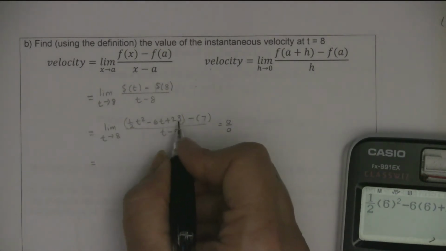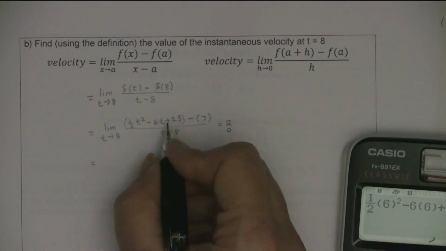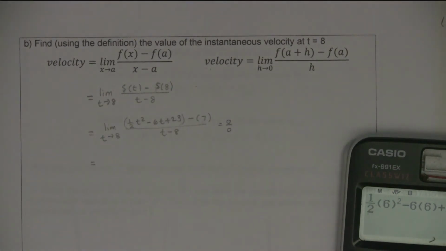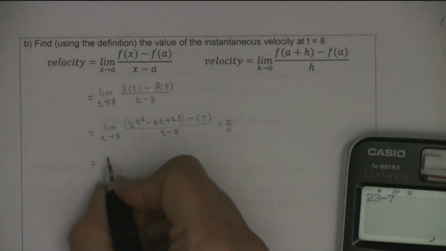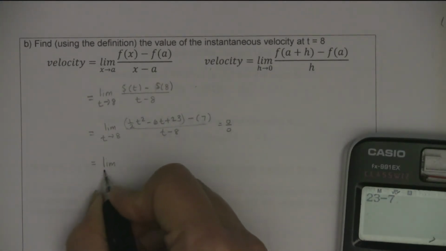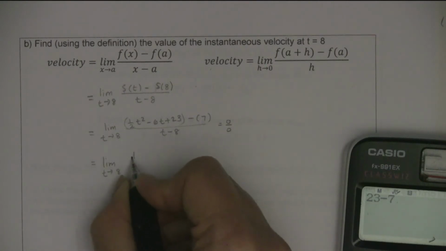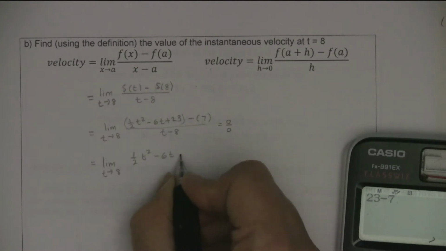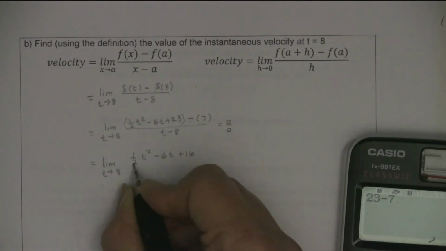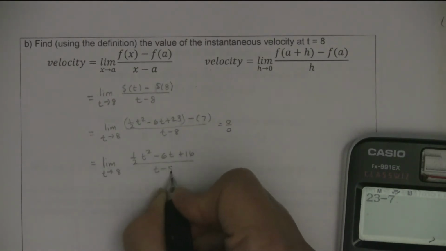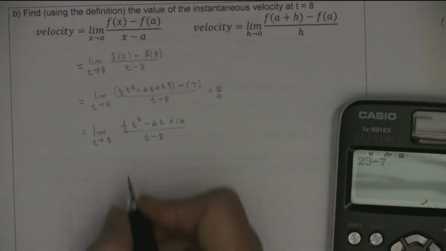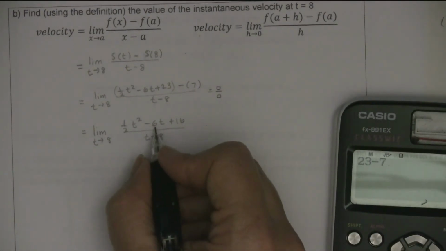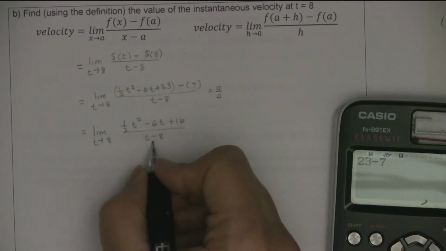So how I'm going to work harder is I'm thinking about subtracting the 23 take away 7, which is 16. And I'm thinking about factoring out a half, because I want to factor this so that this cancels with that.